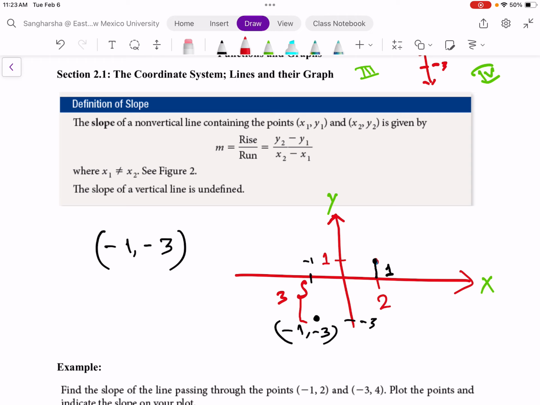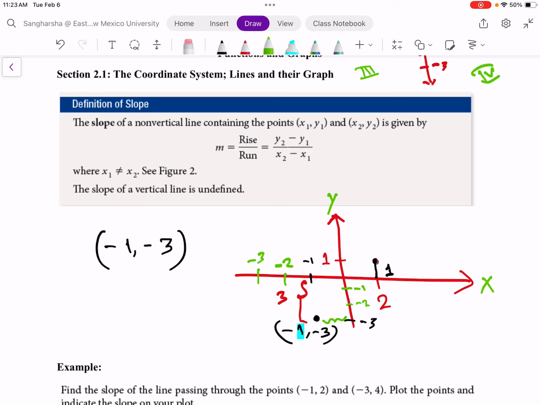The same point is at a distance 1 from the y-axis, on the left. If we go on the left, then the x coordinate is negative. And if we go down, the y coordinate is negative, right? So we have -1, -2, and this is -3.